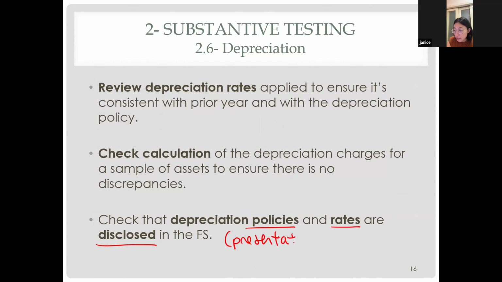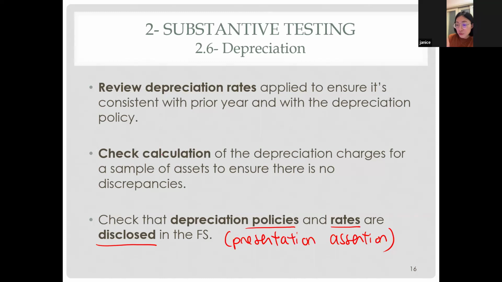So this is for the presentation assertion. All right. We will want to make sure that the rates and policy are done properly. That we follow the rules that we have written.